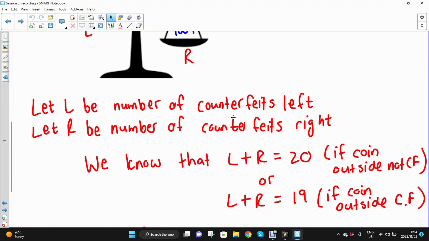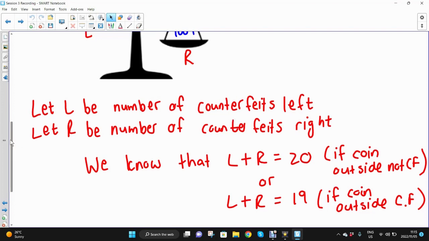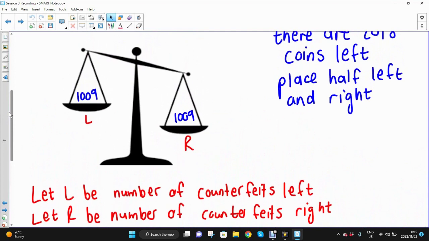So what we also need to understand here is that we don't know how many counterfeits we have on the left or on the right, and we are weighing the coins. So I just want to go up to look at the scale, because I took the amount of coins left, and you can see that there's the same amount of coins left and right.